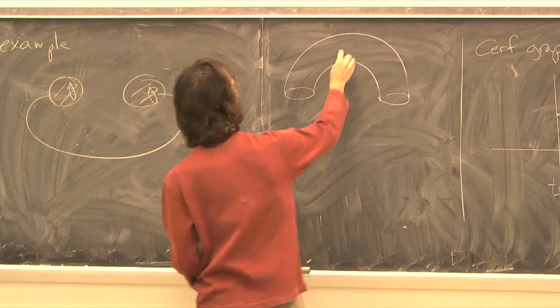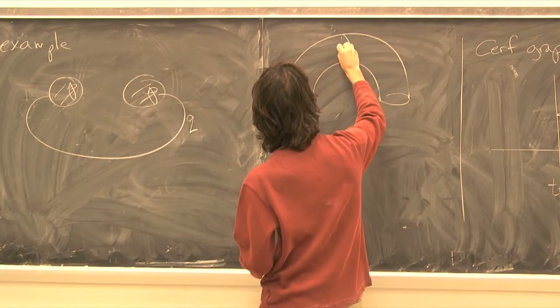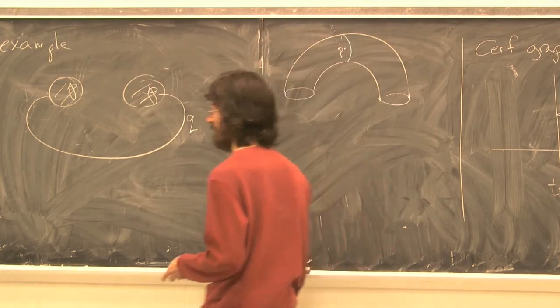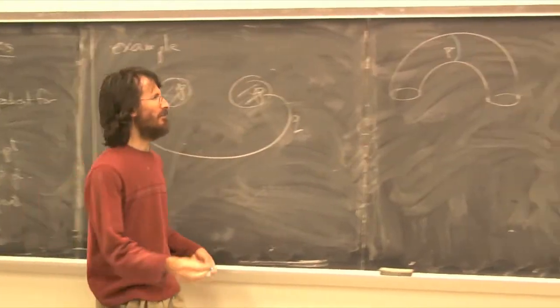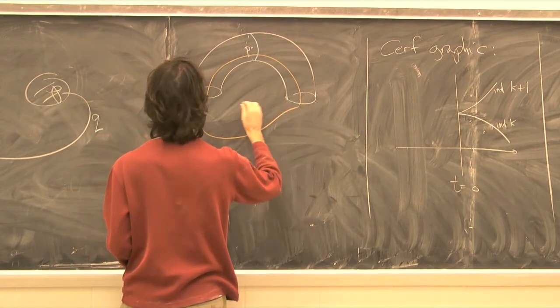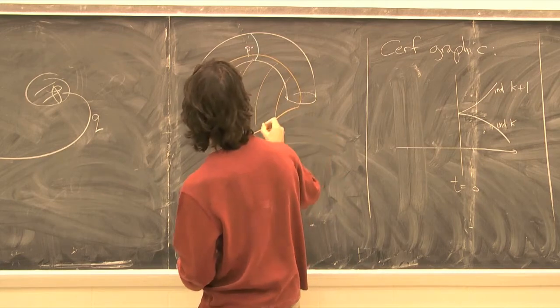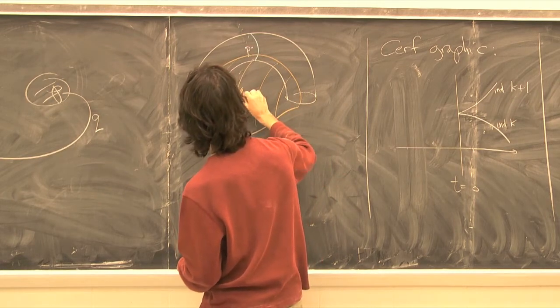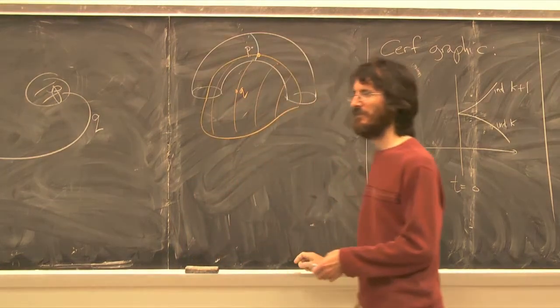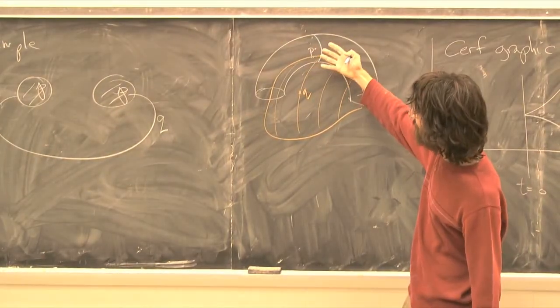So here's the belt sphere for critical point P, and then the attaching handle for the critical point Q. Like this, and then there's the handle, pick it up, and somewhere inside here is Q, and there's your single point intersection.